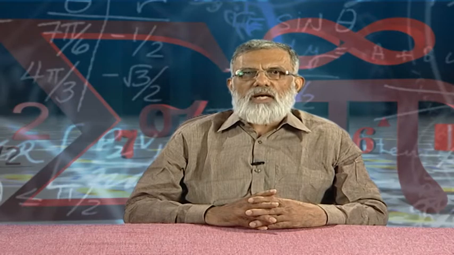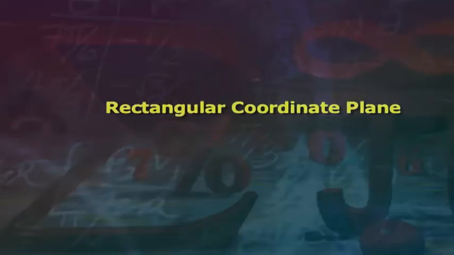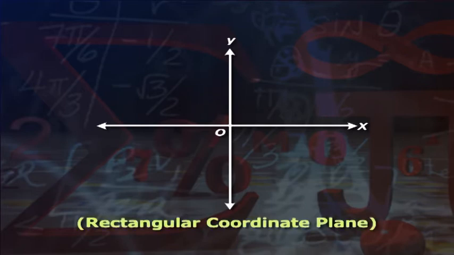As we know that points on a line can be associated with real numbers, similarly, points on the plane can be associated with elements of R cross R. Rectangular coordinate plane. A plane with two orthogonal lines meeting at a point O, which will be referred to as the origin, is called the rectangular coordinate plane. If necessary, after rotating the plane, we visualize this plane as shown in the figure.